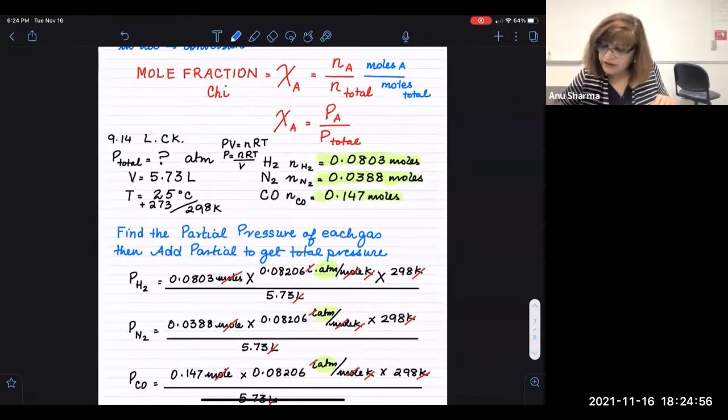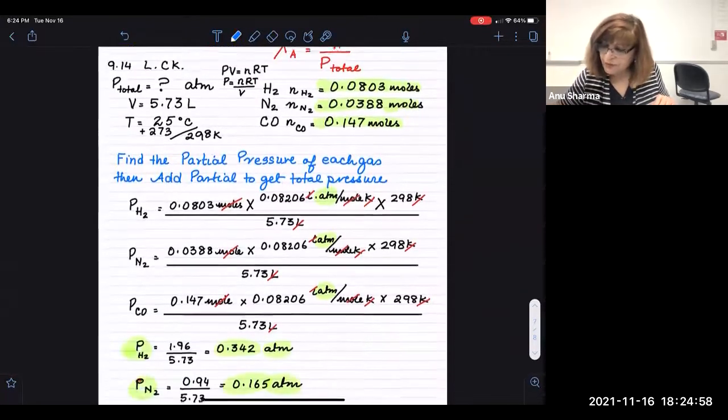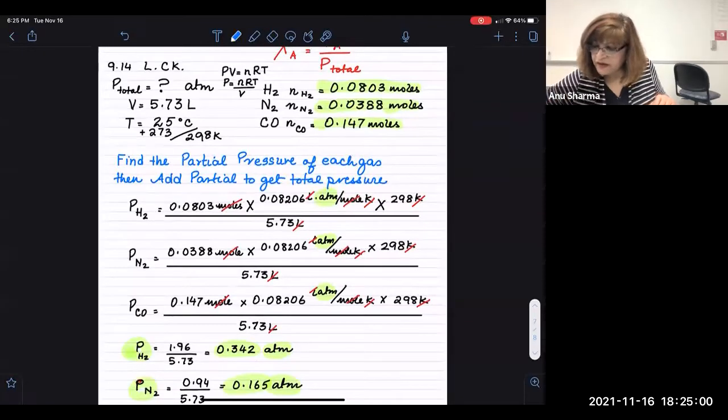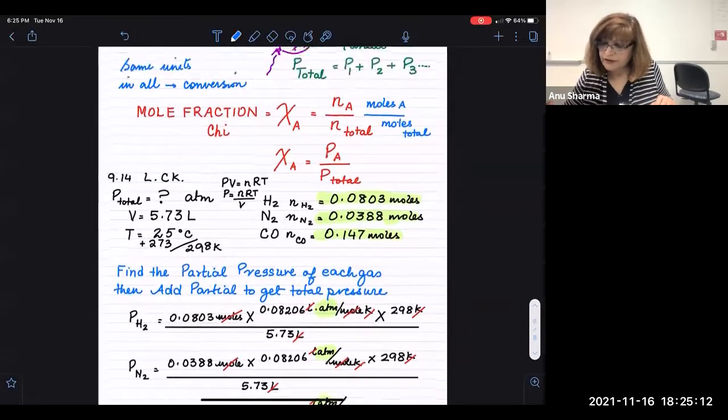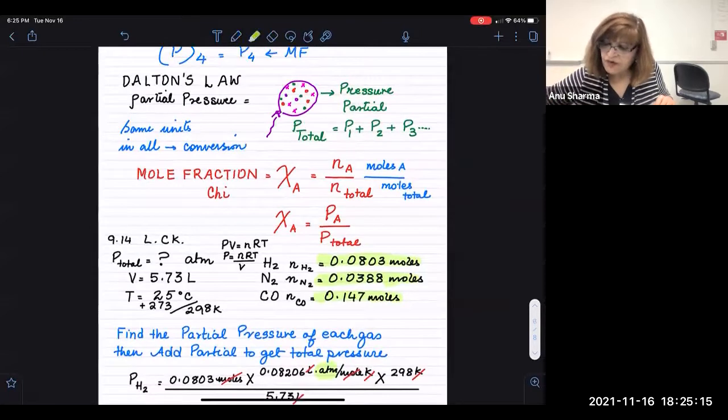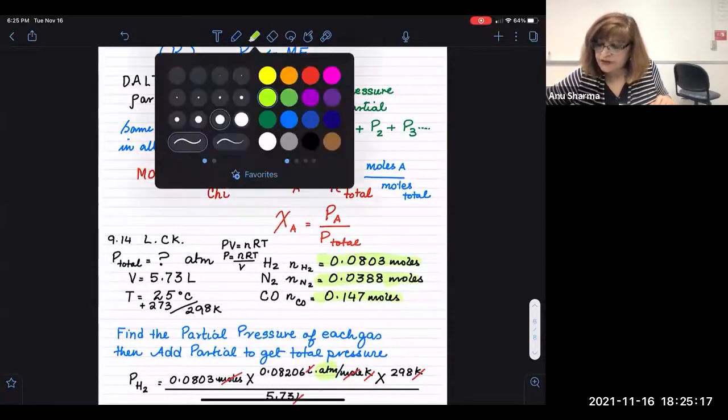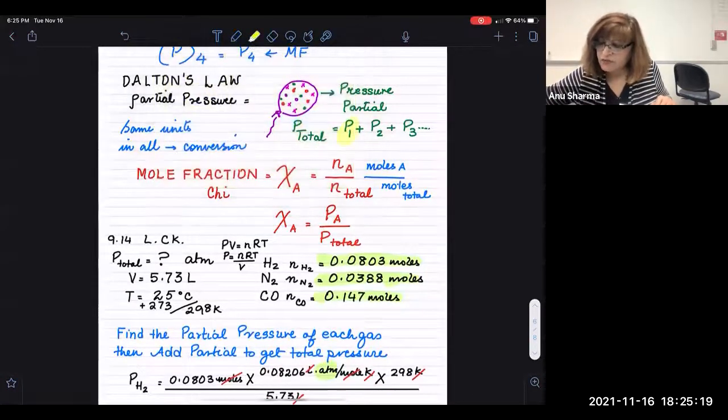In learning check 9.14, we are given the number of moles of three gases, hydrogen, nitrogen, and carbon monoxide, and we are given the volume and the temperature. We need to find the total pressure. To do that, we first need to find the partial pressures. Dalton's law says the partial pressure of one gas, plus the second, plus the third, added together, gives you the total pressure.